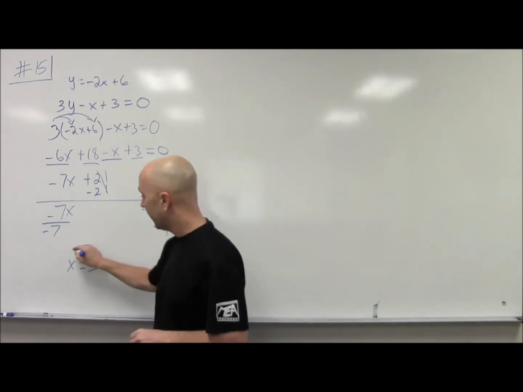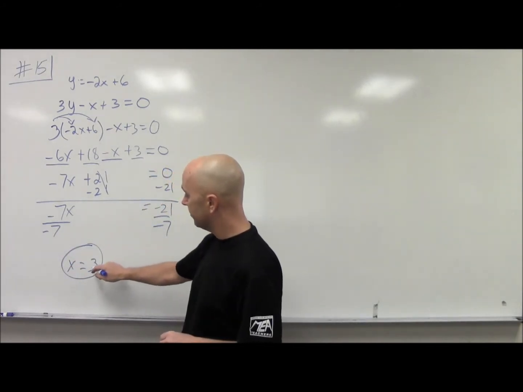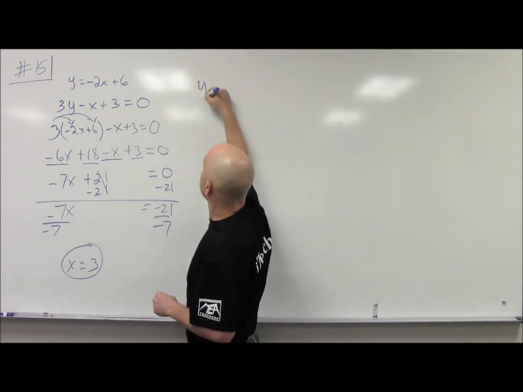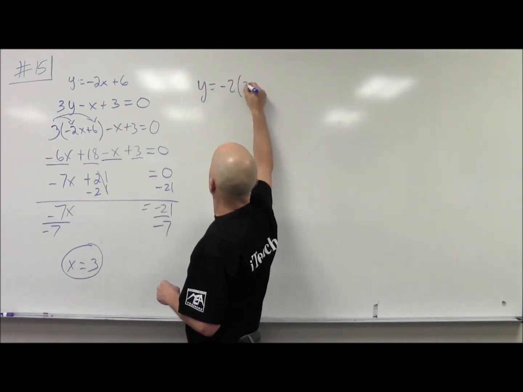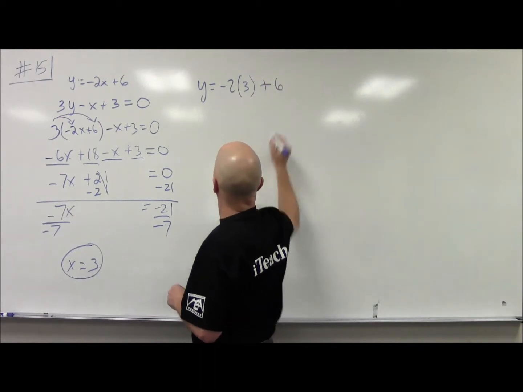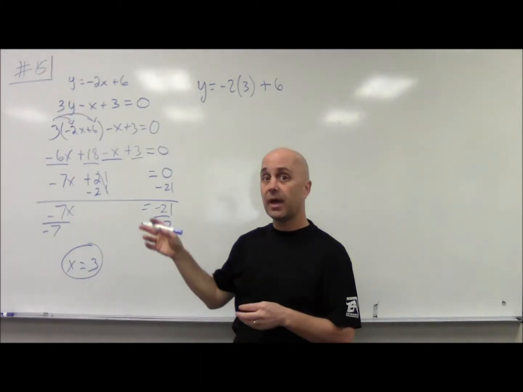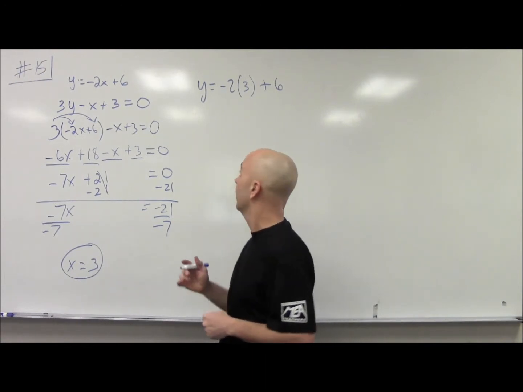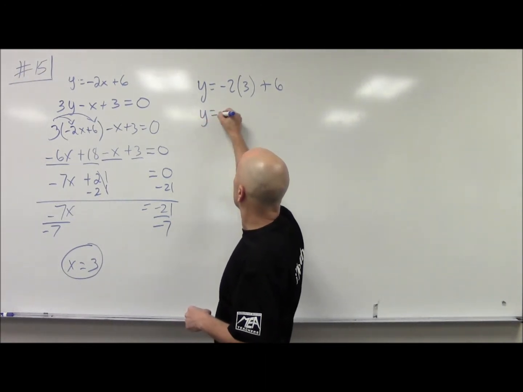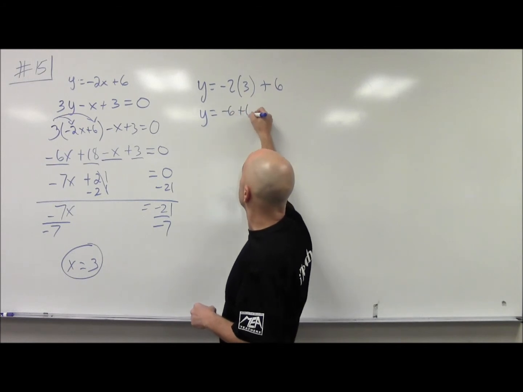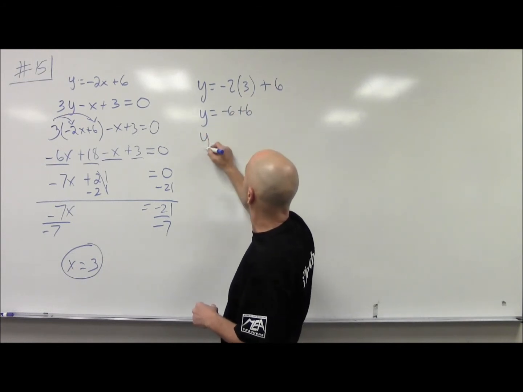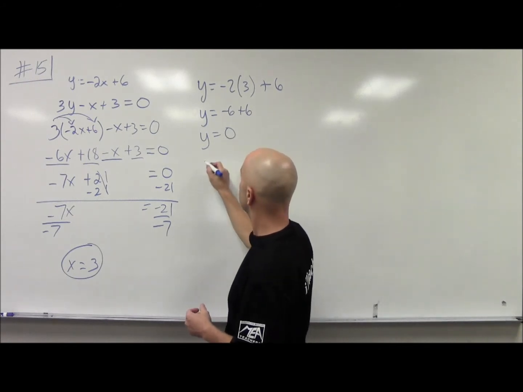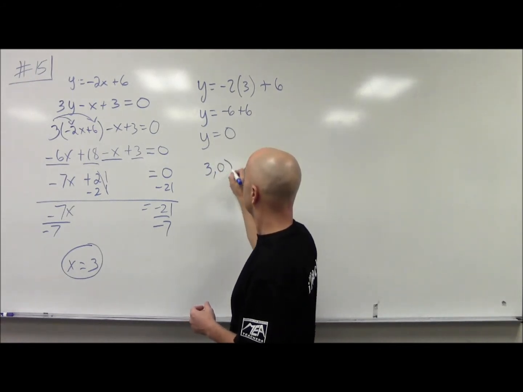So if I take this value and I substitute 3 every time I see x in this equation, what that does is it eliminates x from that equation, so now I can only solve for y, which is the missing variable I have. So I get y equals negative 6 plus 6, which is 0. So now I believe my ordered pair is 3, 0.